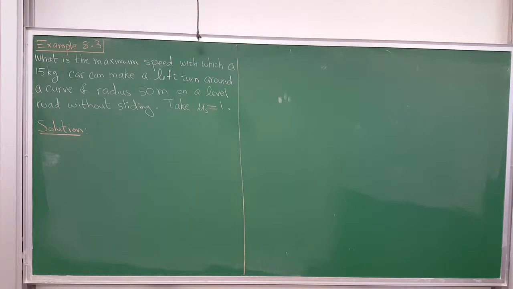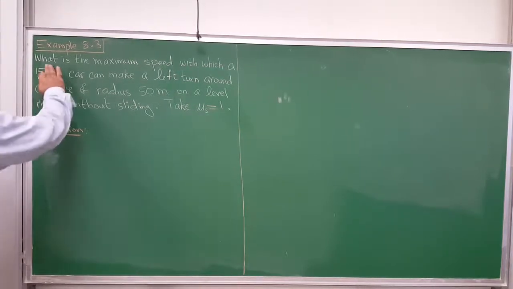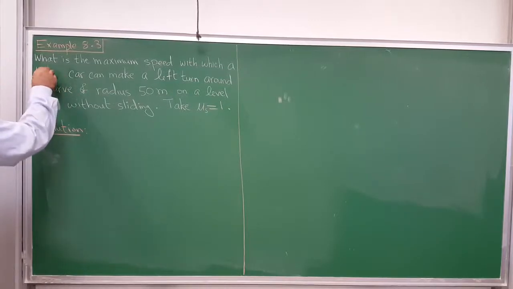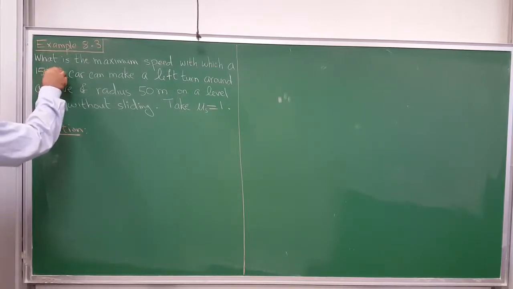So now in this 8.3, it says, what is the maximum speed with which a 1500 kilogram car, I would imagine. It turns out that the mass doesn't really matter. Yeah, it is actually a 1500 kilogram car, so let me just correct that.